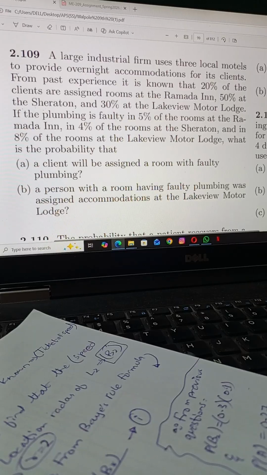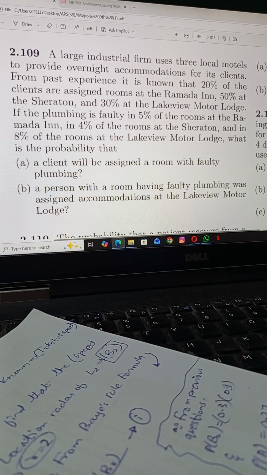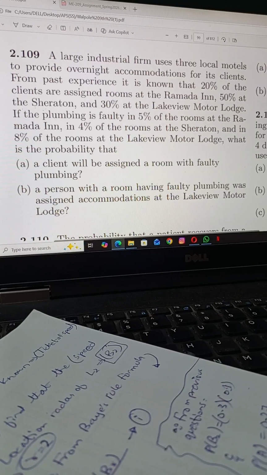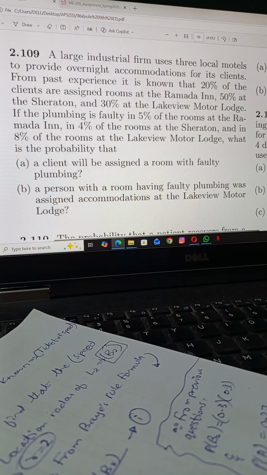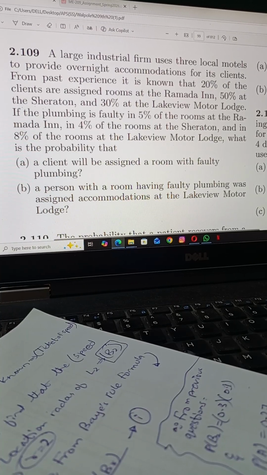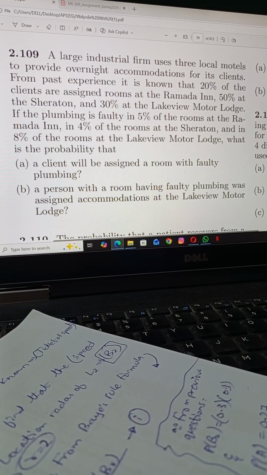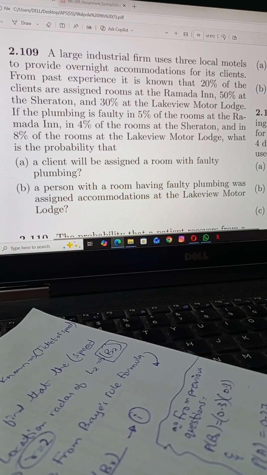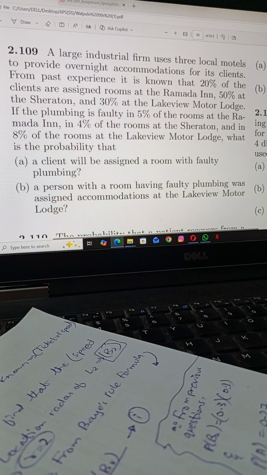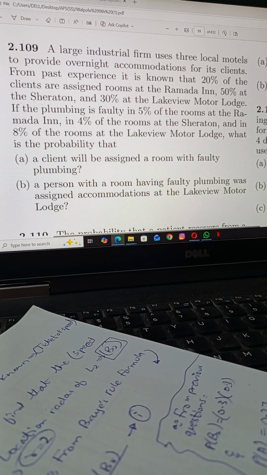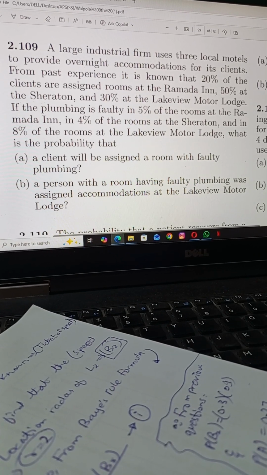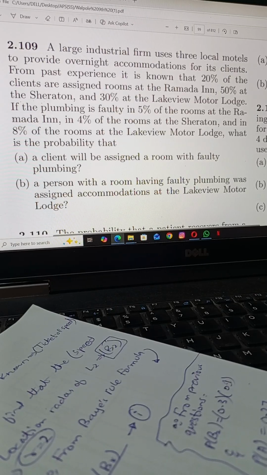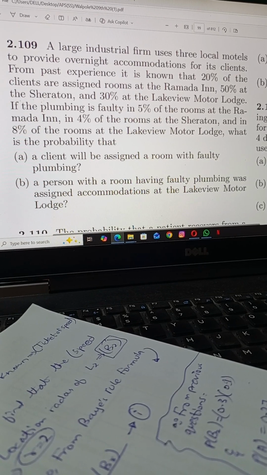If the plumbing is faulty in 5% of the rooms at Ramada Inn, 4% of the rooms at Sheraton, and in 8% of the rooms at Lakeview Motor Lodge, what is the probability, in part A, that a client will be assigned a room with faulty plumbing, and in part B, that a person with a room having faulty plumbing was assigned accommodations at Lakeview Motor Lodge?